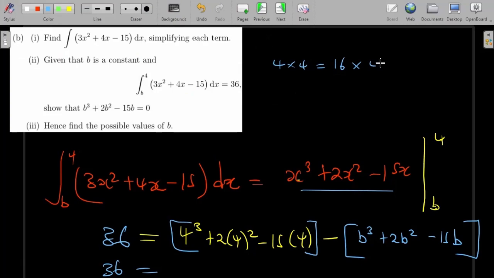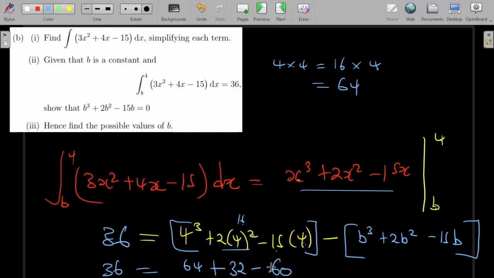Then 16 multiplied by 4 will be 64. So here I'm going to have 64 plus, then here it is 4 squared, which is 16, and then 2 multiplied by 16 is 32. Minus, here 15 multiplied by 4 is 60.